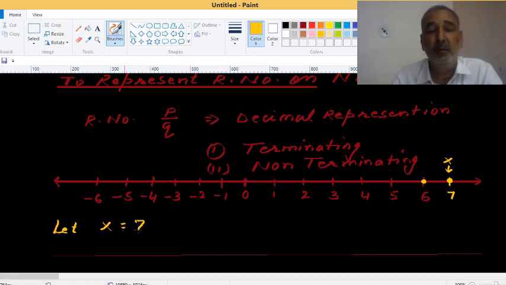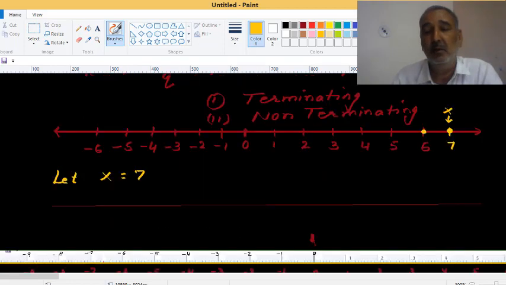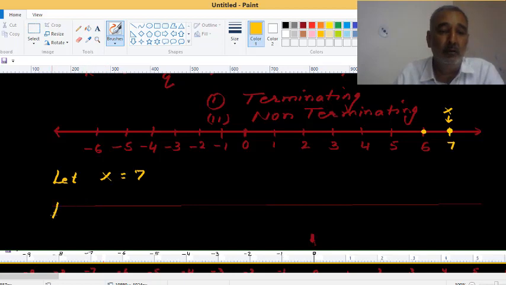If I have to represent fractional numbers or simply decimal numbers, then what should we do? Let x be some number, 5 by 2. Then what should I do?